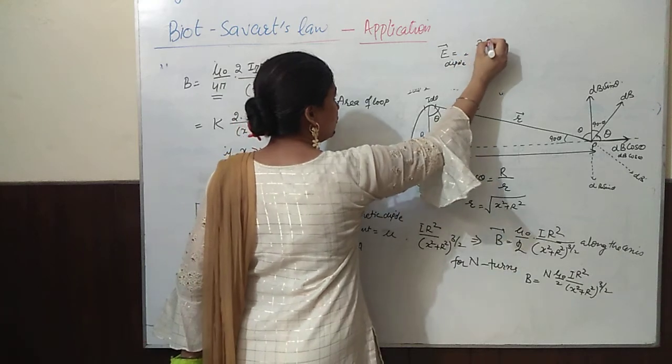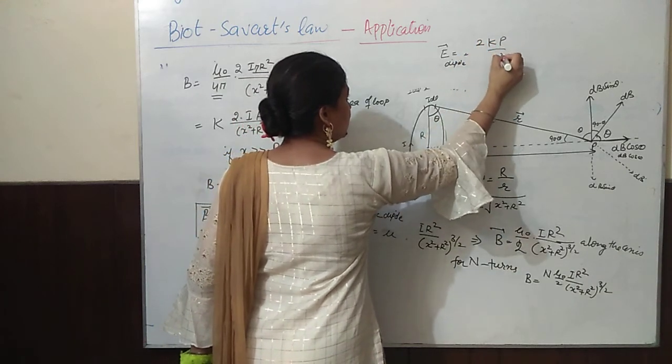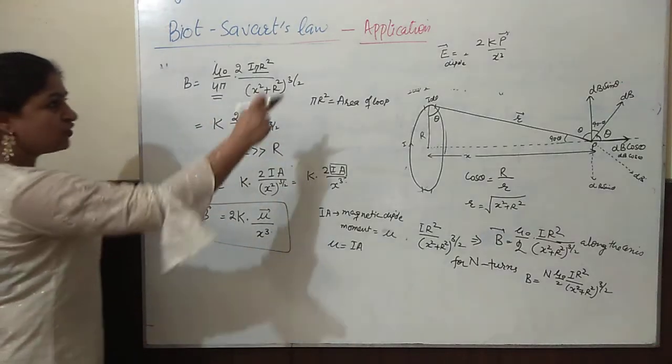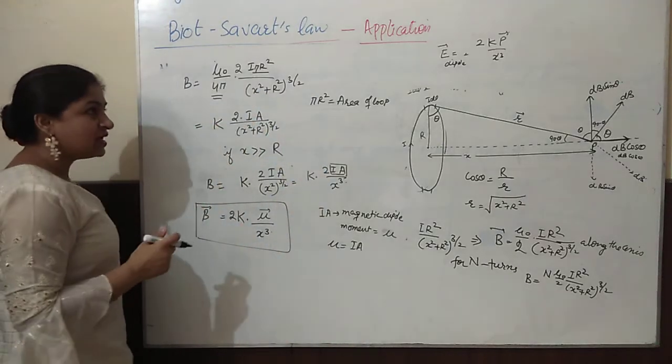That was 2kp over x cube. So you can see both of the expressions are exactly identical.